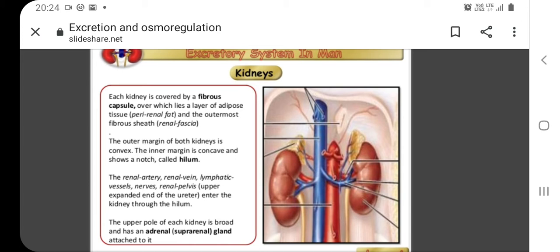Renal artery and renal vein, lymphatic vessels, nerves, and renal pelvis enter the kidney through the hilum. The upper pole of each kidney is broad and has the adrenal, also known as the suprarenal gland, attached to it.